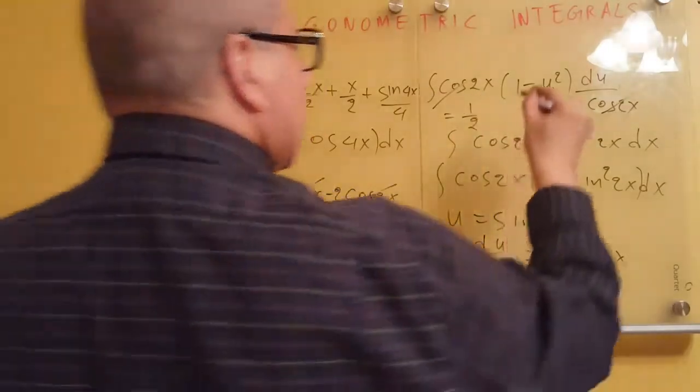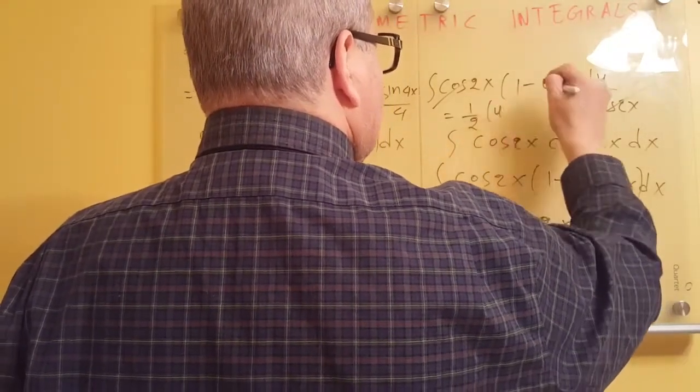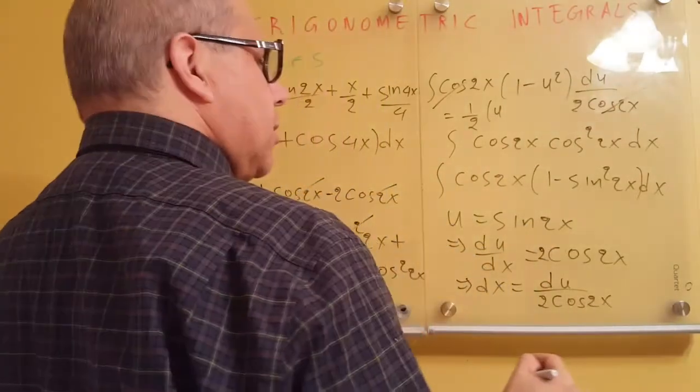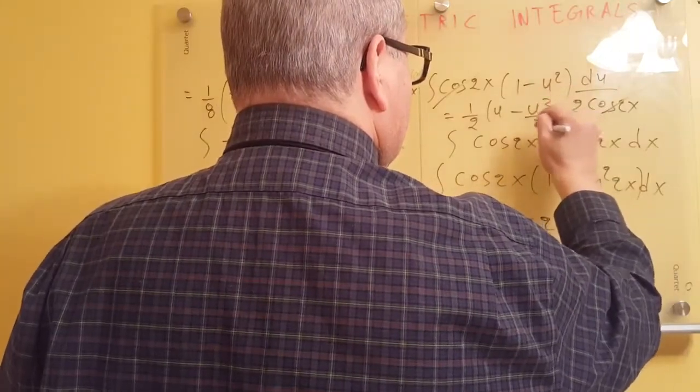And now the integral of 1 with respect to u is u, and the integral of u squared with respect to u it's minus u to the third over 3.